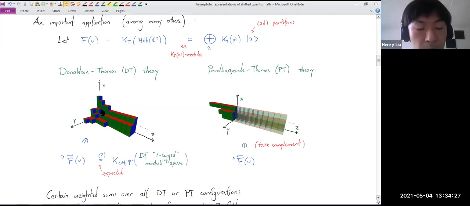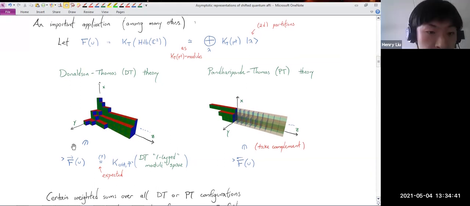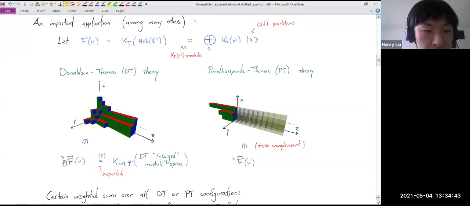And that's just because we're thinking of these 3D partitions as some infinite flag of 2D partitions. Okay. And so per our notation, we'll say that these things live in this module, which is built from F of u, what's called the Fock representation. It will be infinite descending flags of elements in the Fock representation.